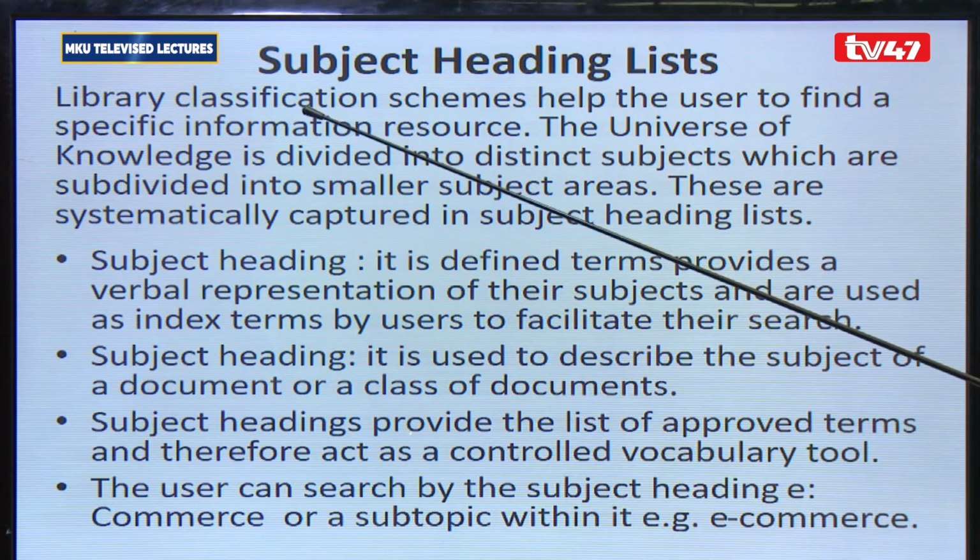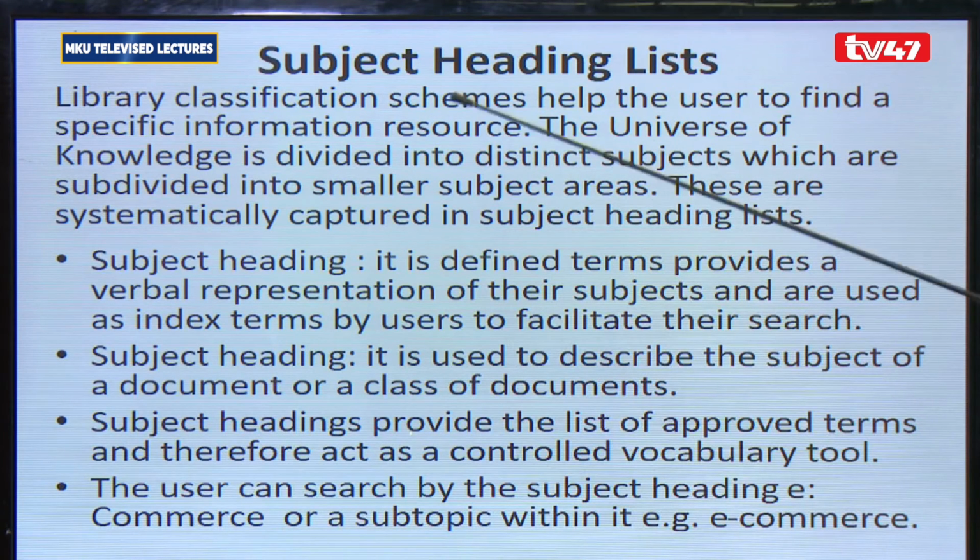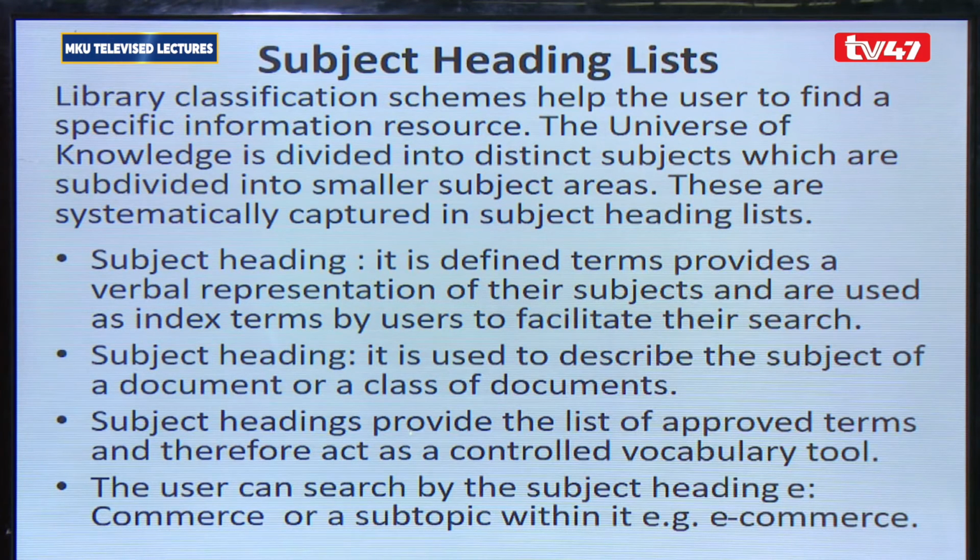So library classification schemes help the user to find specific information resources. The universe of knowledge is divided into distinct subjects, which are subdivided into smaller subject areas. For example, the universe of knowledge is divided by the Library of Congress classification scheme into 21 different subjects.